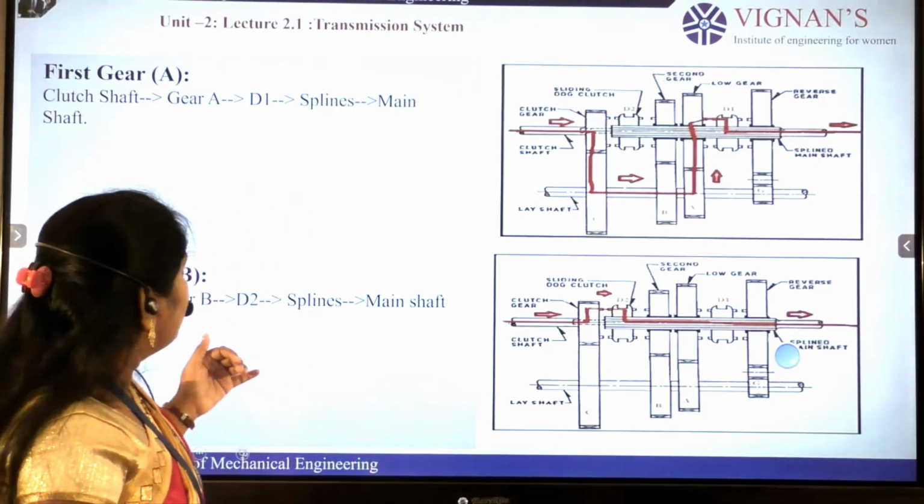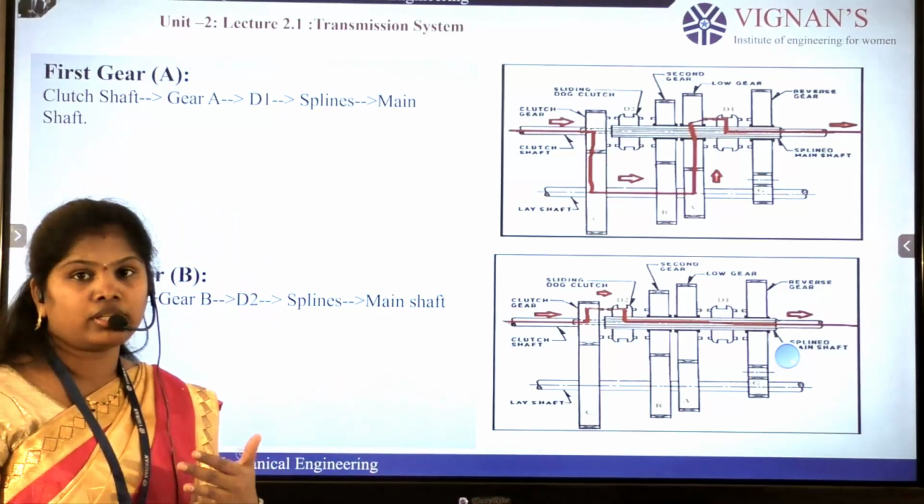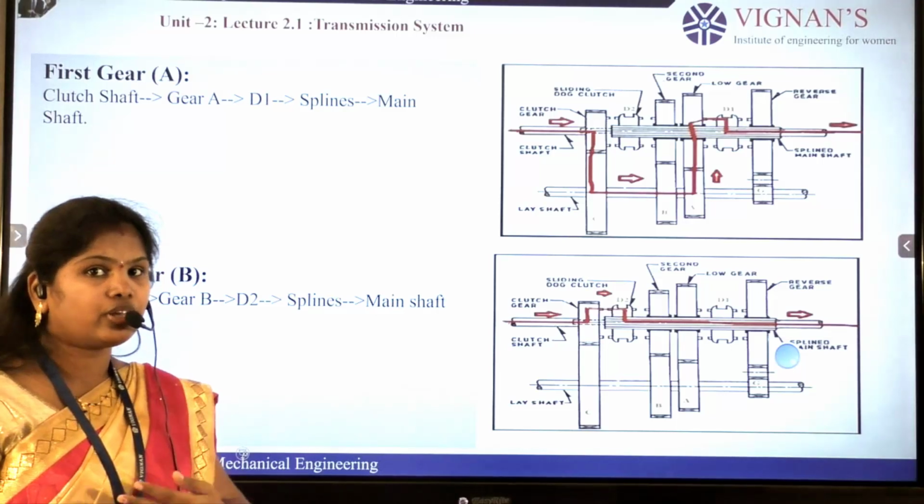Okay, how will the first gear be applied? The first gear is the lower gear. We know the speed will be less when compared to the remaining gears.